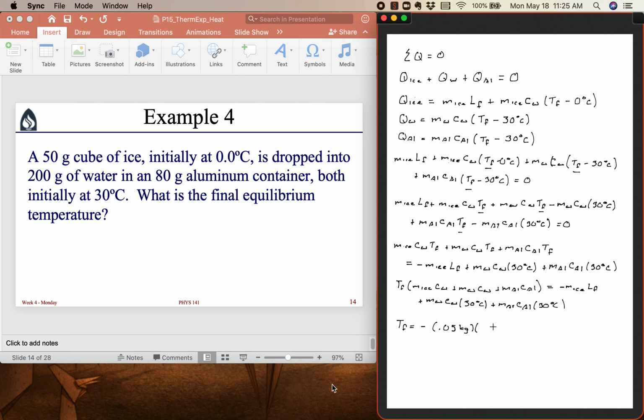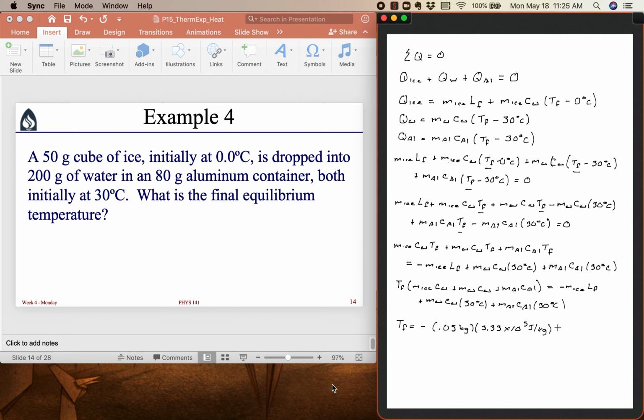So the latent heat of fusion is 3.33 times 10 to the 5th joules per kilogram. I can look that up in a table, either online or in the textbook. So let's see, that's this term.